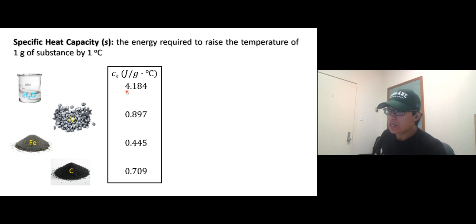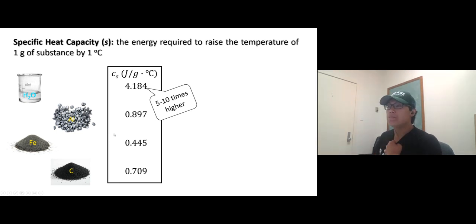If you compare the specific heat of water to the rest, it's 5 to 10 times higher than the rest of the periodic table, actually. Which means you need more heat to raise water by 1 degree Celsius compared to the rest, 5 to 10 times higher.